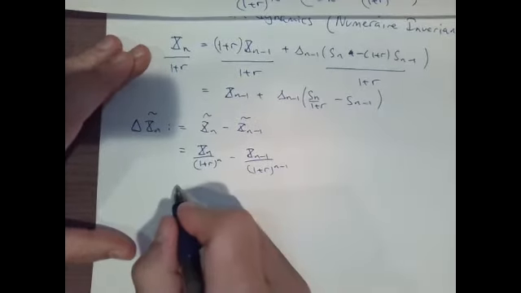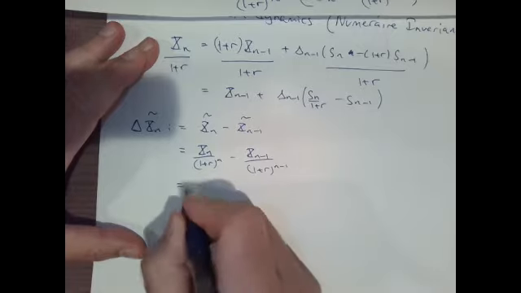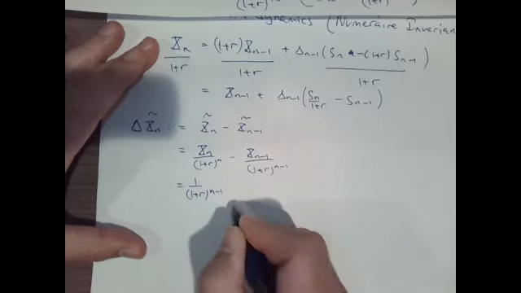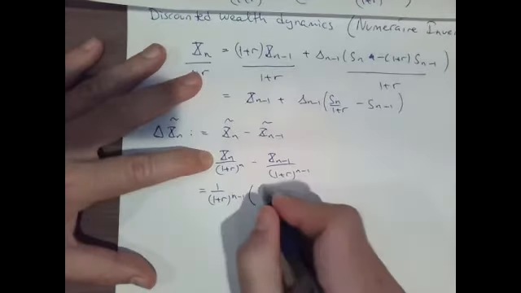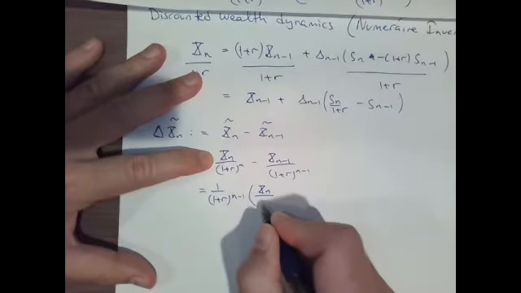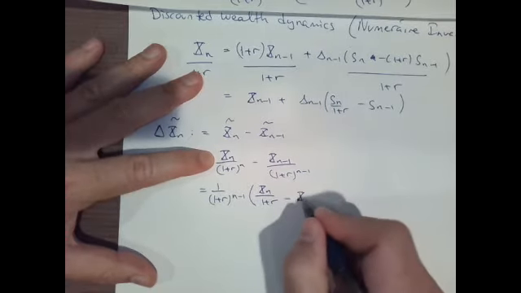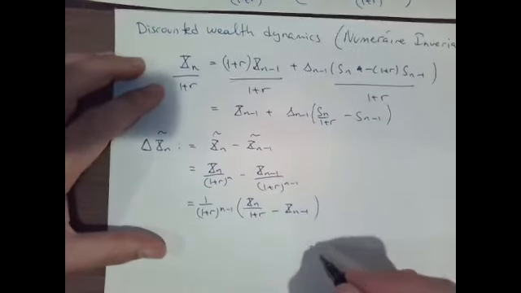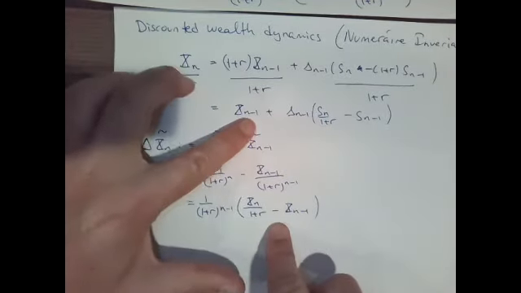And of course, I can collect terms here. I can pull a factor outside. This is 1 over 1 plus r to the n minus 1. And then what I'll have inside would be xn divided by 1 plus r minus xn minus 1. This is why we did this calculation up here, because that difference is exactly what I have here.